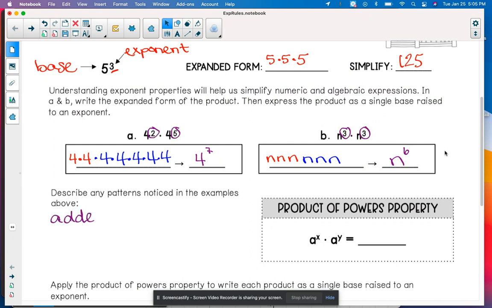There we go. So again, we added the exponents together when bases are being multiplied.